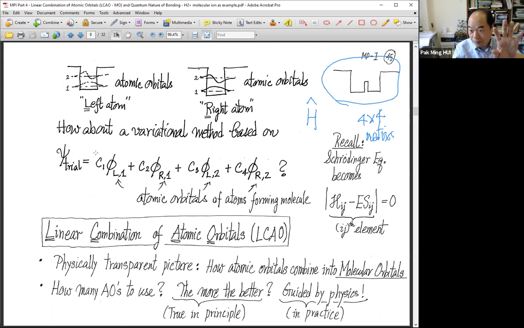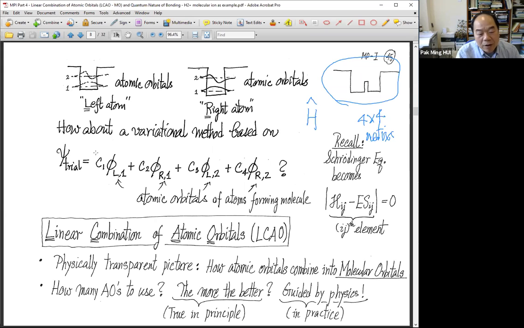You have atoms to form molecules. You know the atoms. We have 1s, 2s, 2p, things like that. Why not make use of the atomic orbitals? Use them as bases and then mix them together to form molecular energy eigenstates.